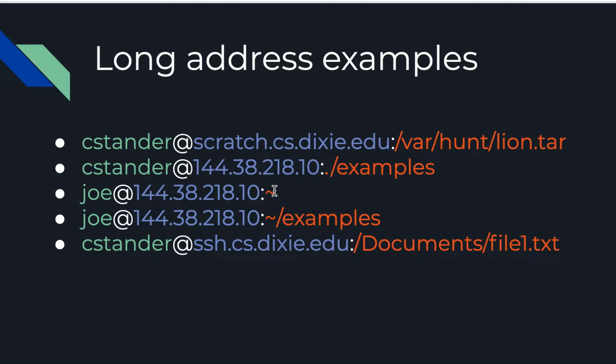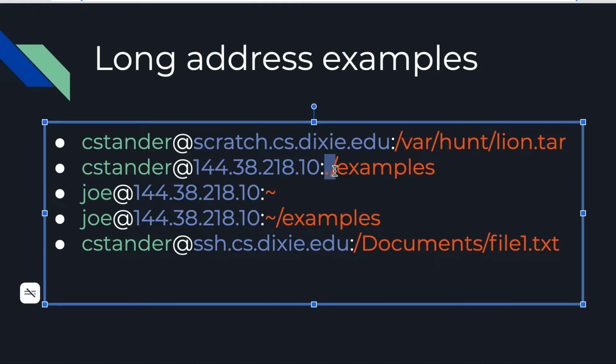This is the location of my home directory. Or this one says, remember dot over on the remote machine, it's always going to start at your home directory anyway. So this says go to my home directory, but then go to the examples inside of my home directory. This one is the same thing. This will go to the same location as that second line up there. And then another example of an absolute path.